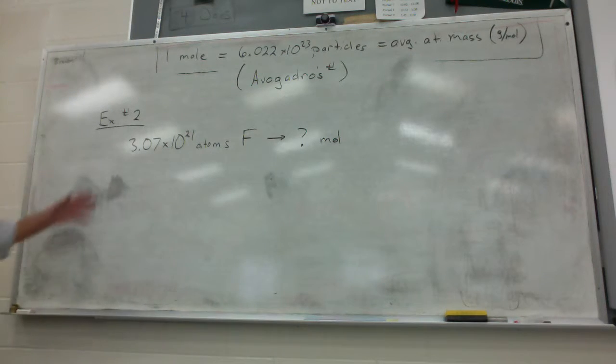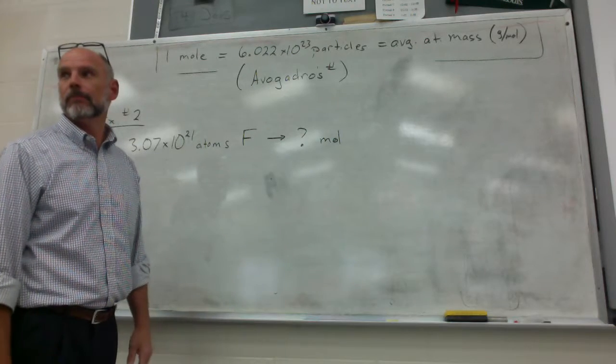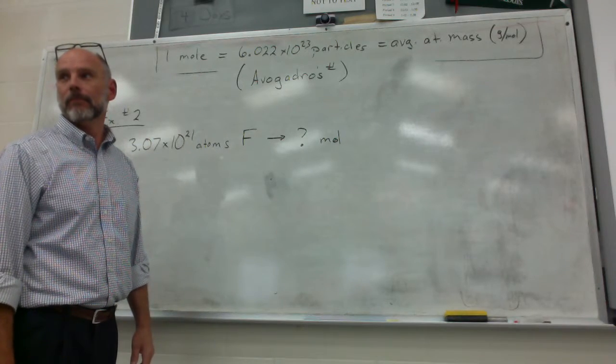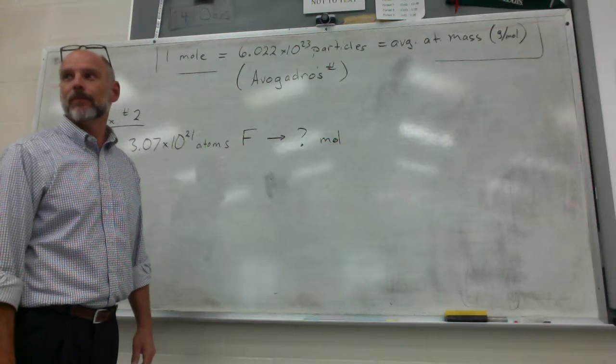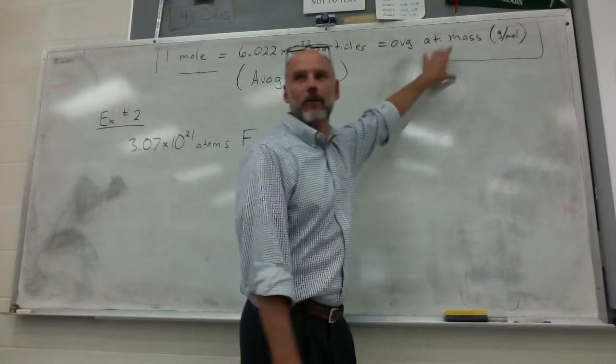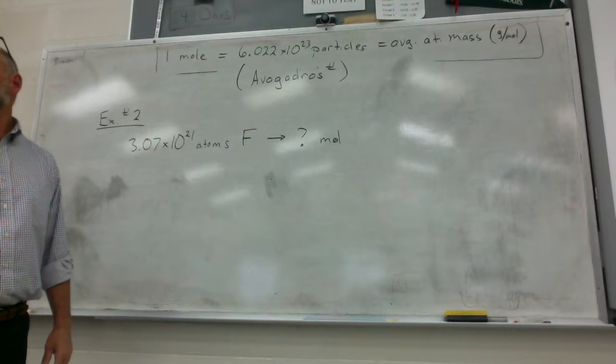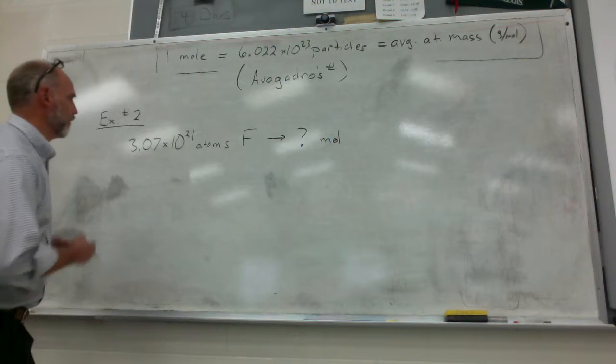Moving on. So, which two of the three are we going to need here, Rachel? Which two of these three equivalents are we going to need to solve this question? Avogadro's number and moles, right?